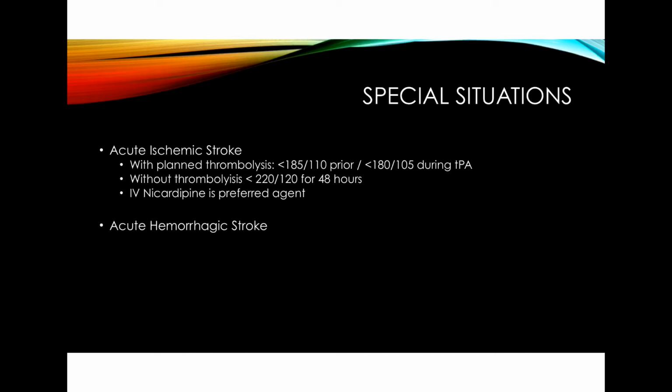In an acute hemorrhagic stroke, the goal is to lower the systolic pressure to around 140 to 160, not to drop it too low or to keep it too high, with a goal mean arterial pressure of 100 to 120.